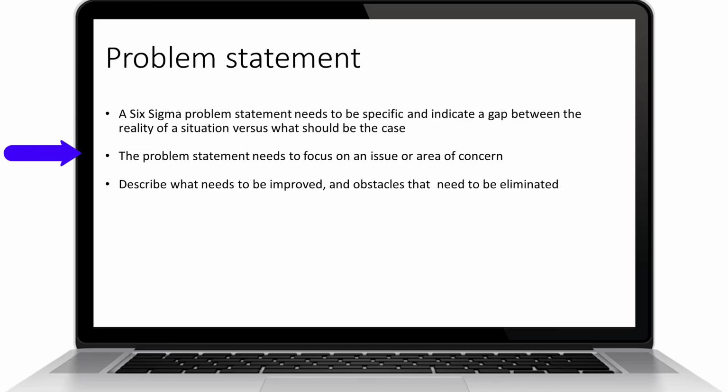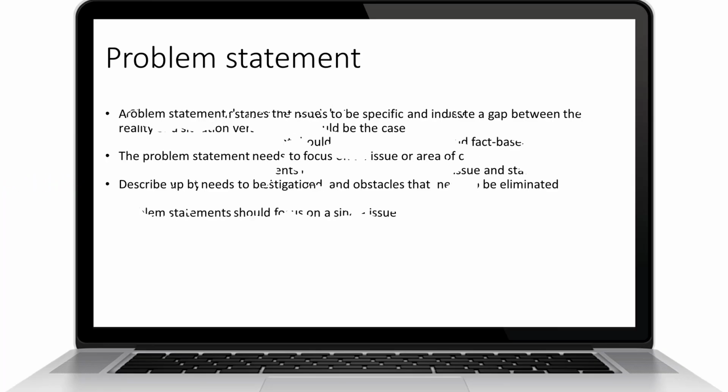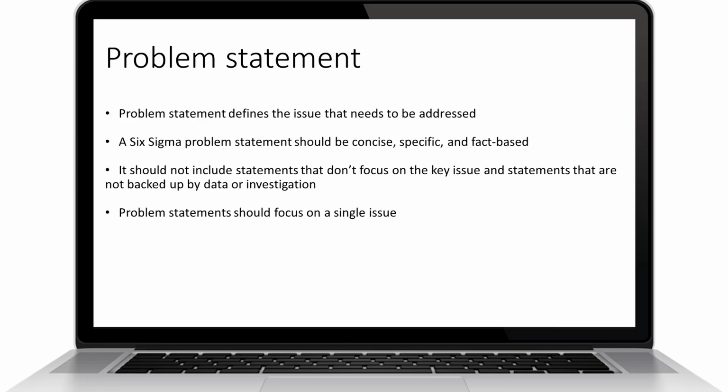The problem statement needs to focus on an issue or area of concern and describe what needs to be improved, the obstacles that need to be eliminated. The problem statement is a key element of the define stage of the DMAIC process. Again, DMAIC means define, measure, analyze, improve, and control. Quite simply put, the problem statement defines the issue that needs to be addressed.